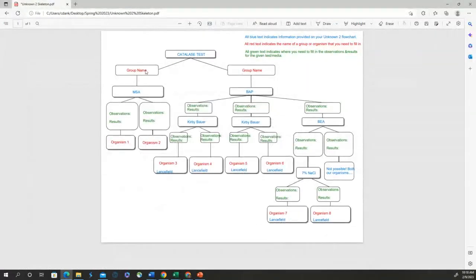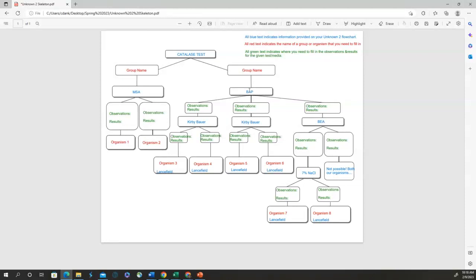In these top two boxes, I'm telling you, you need to write the group name. Remember, I just told you that there are two groups that we divide our 8 unknown organisms into based off the catalase test. All right, so then one of those groups, you would then do mannitol salt agar next. For the other group, you would do the blood agar plates.